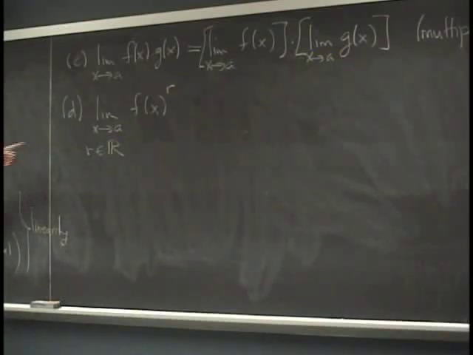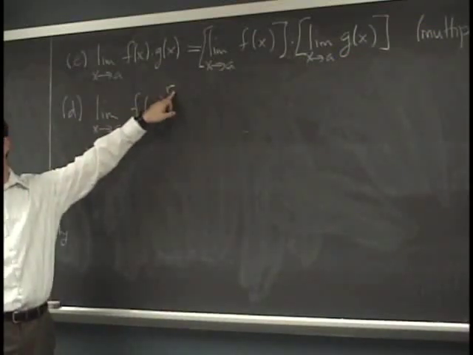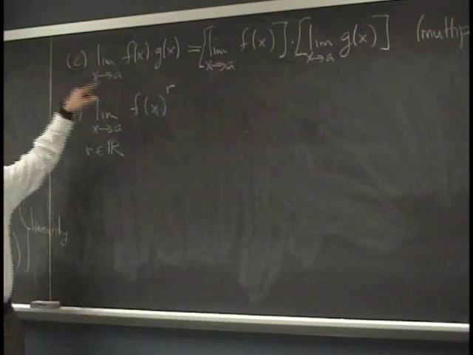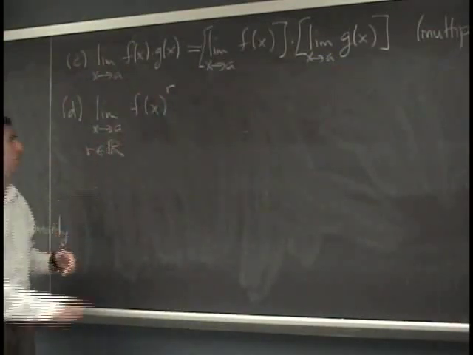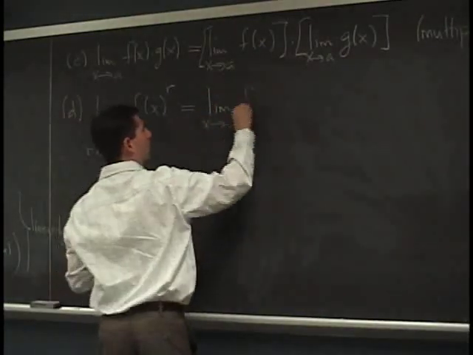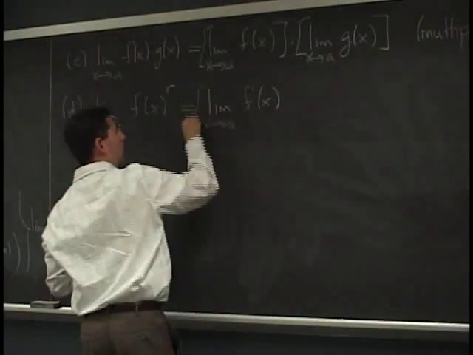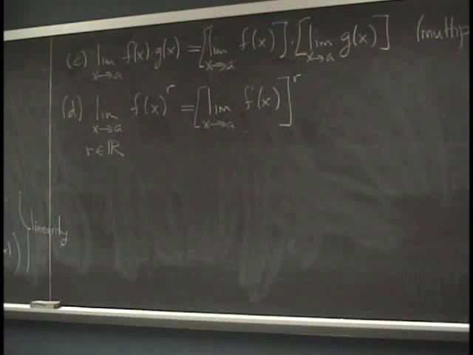That is, if I take the limit of a function raised to a power, it should be the same as the limit of the function raised to a power. So you're always trying to somehow be able to evaluate the limit of f of x first and then apply any operations.